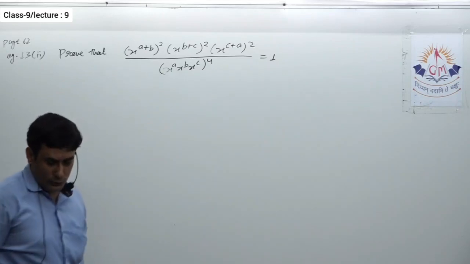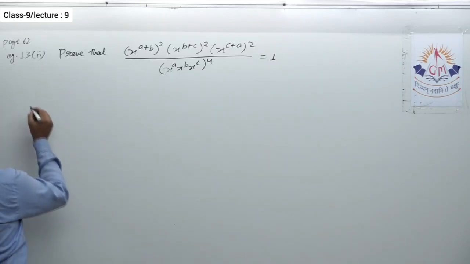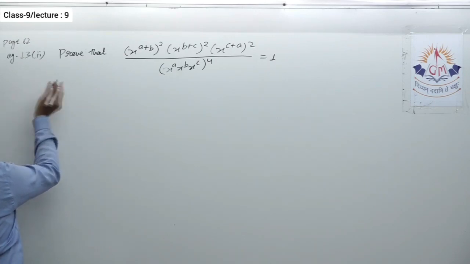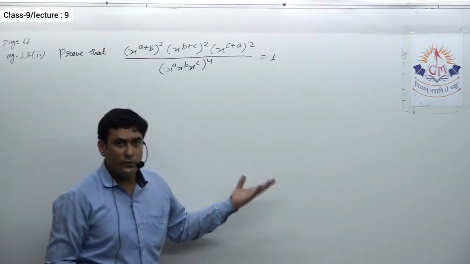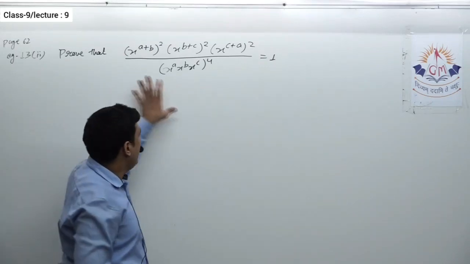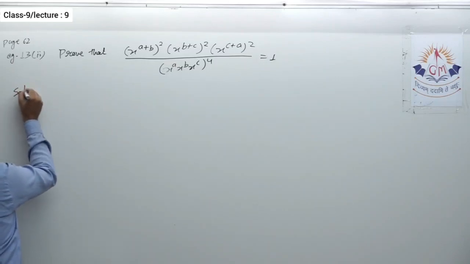That we have to show. Okay, so see, whenever it is asked to prove something, we always start from the left hand side or right hand side. So definitely here it is easy to start from the left hand side. So let us see its solution.